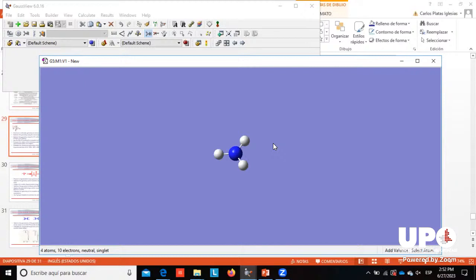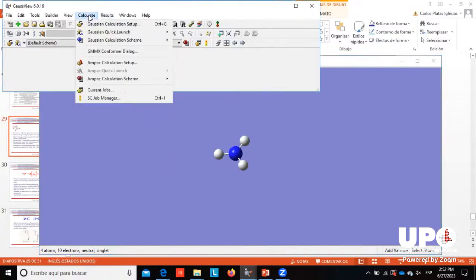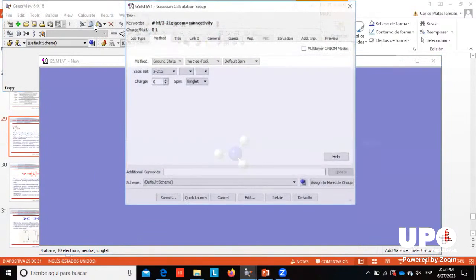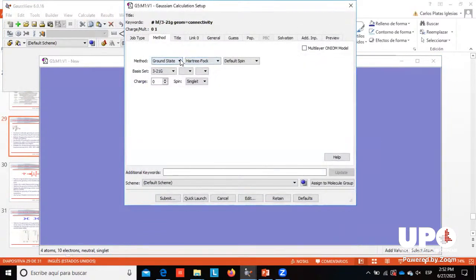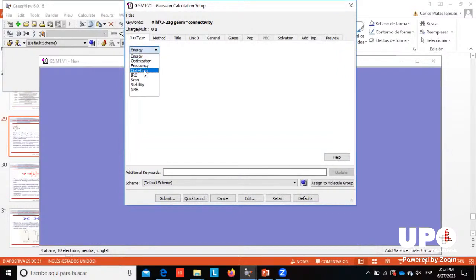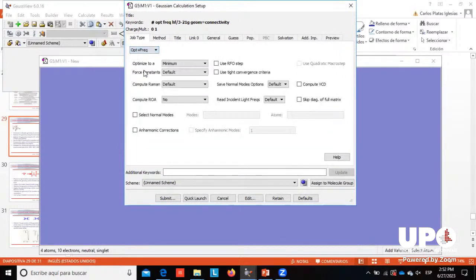You are there? Great. So now let's run the calculation again. Same procedure. Calculate, Gaussian calculator setup. Job type, optimization plus frequency. Now we are going to try to locate the transition state. So it will be critical to calculate the frequencies, right? Otherwise, we cannot confirm that we have a transition state.